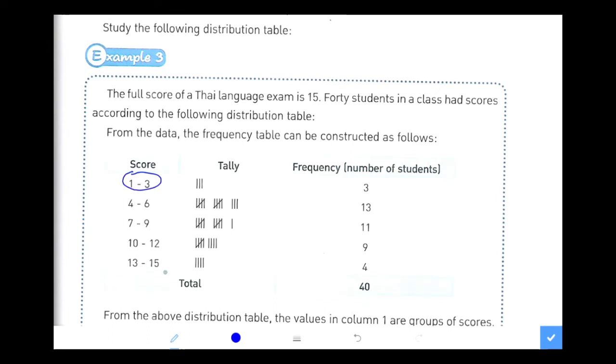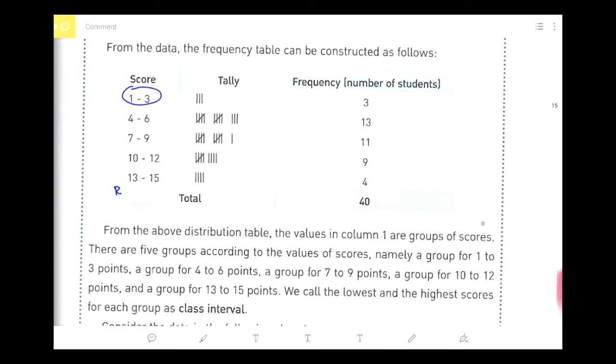I would call it like a range, it works like a range of numbers. So this one is called a grouped frequency table. You can group them or you can make it ungrouped. It's up to you.